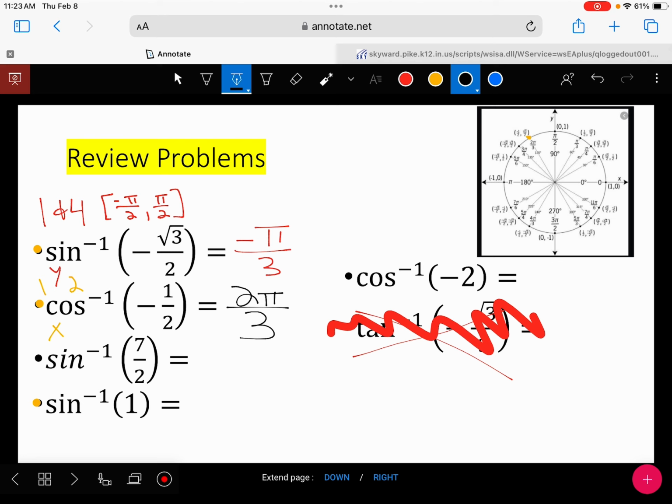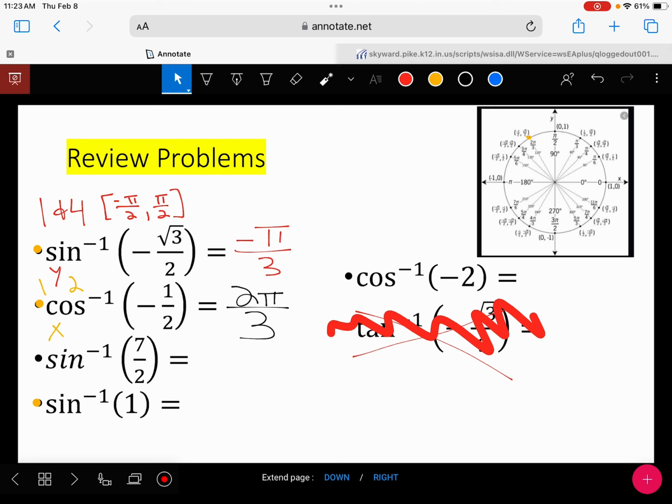Yep. Why do we move it? We removed it because for our inverse sine and inverse tangent, we need our answer to be between negative pi over 2 and positive pi over 2. 5 pi over 3 is outside of that bounds.